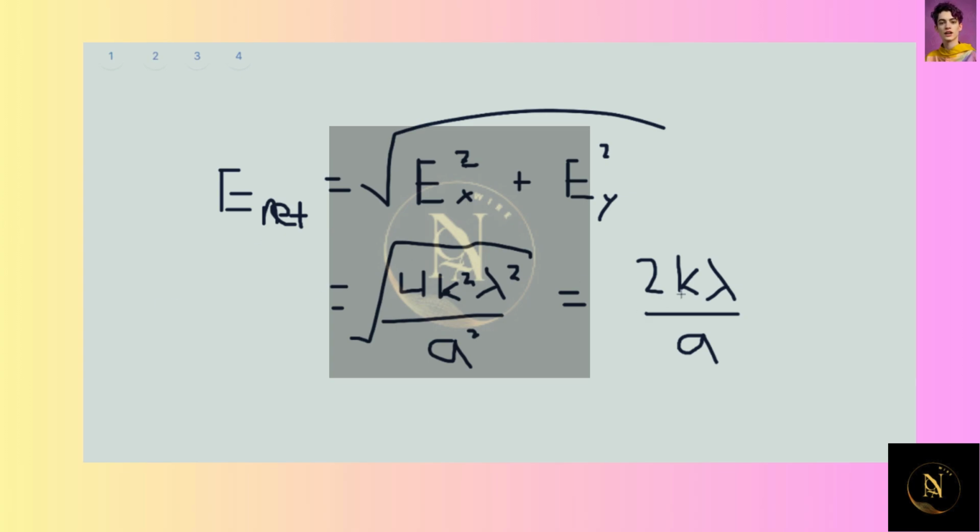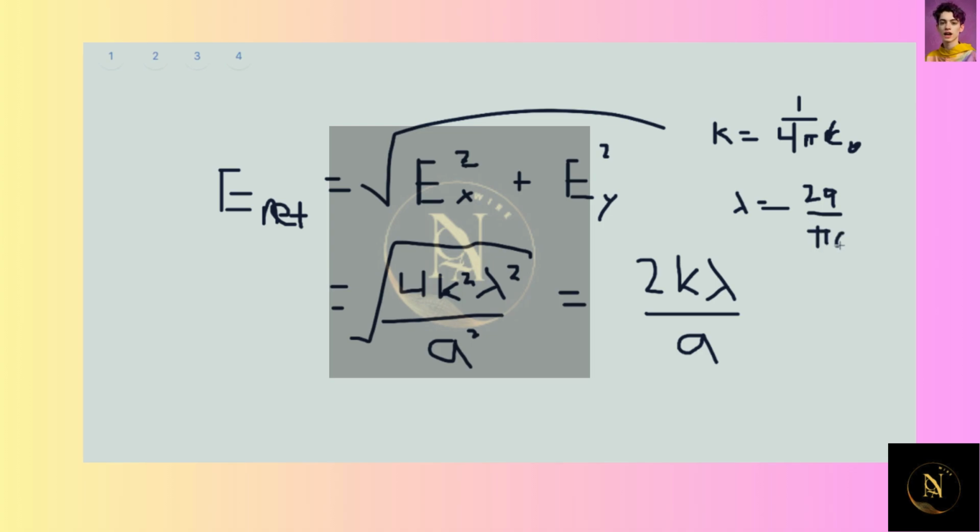Right? So the net electric field is just going to be 2k lambda over a, where k is going to be equal to 1 over 4 pi epsilon naught, and lambda we defined earlier as 2q over pi a, our linear charge density.